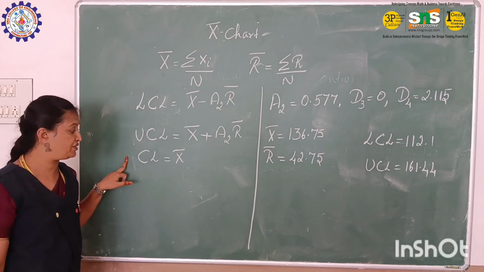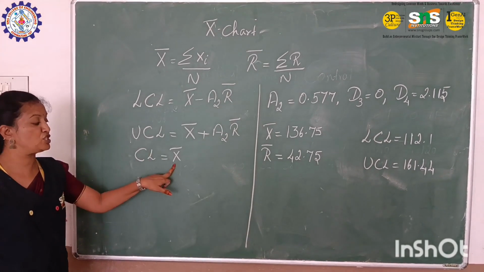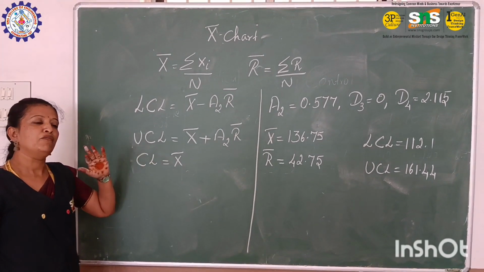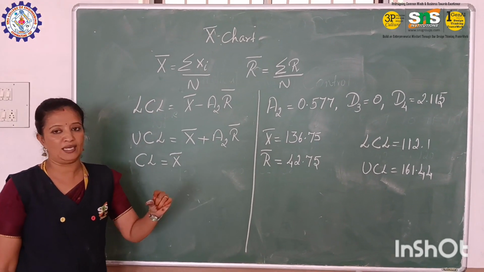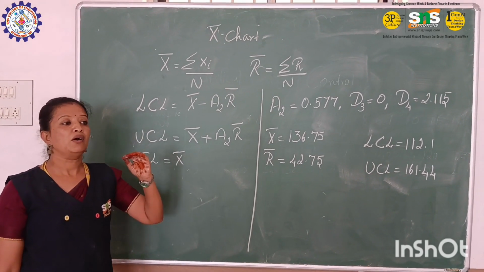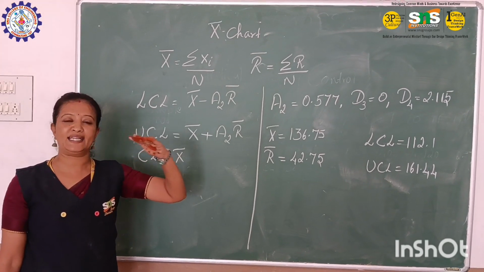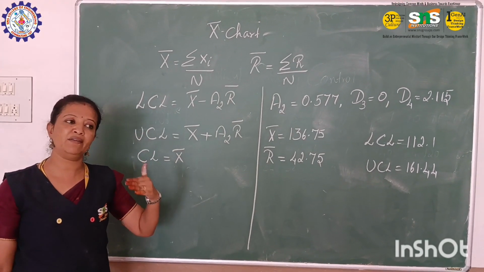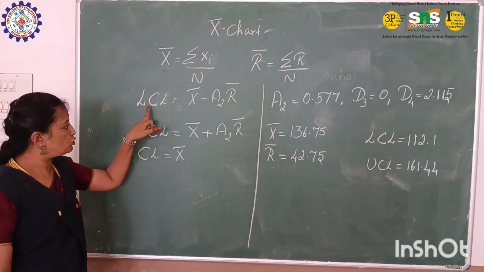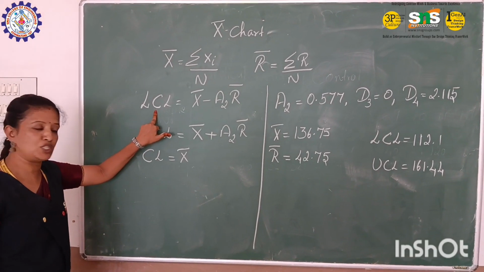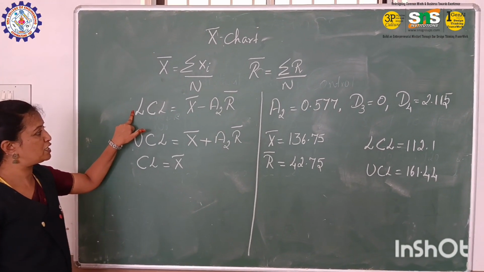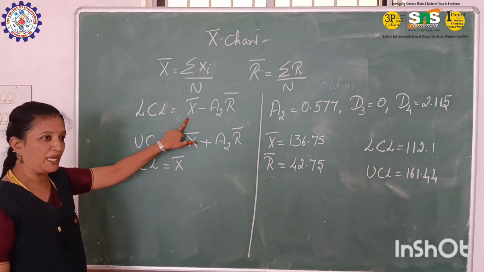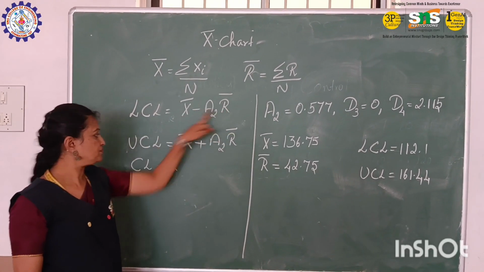Now for this X bar chart, when we go for quality control, first we need the average value. Here we call the average as central line, which is X bar. Then we have an upper limit and a lower limit. When you go for a quality check, there is a limit beyond which it cannot exceed, and a limit below which it cannot decrease. So those two you call lower control limit and upper control limit. The formula for lower control limit is X bar minus A2 R bar.